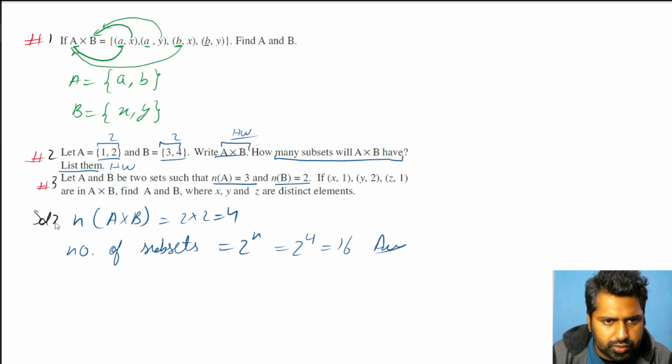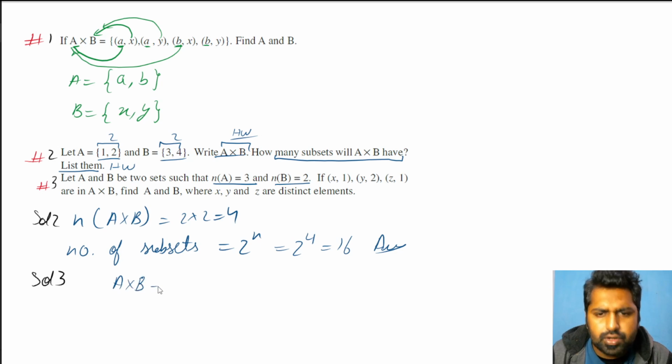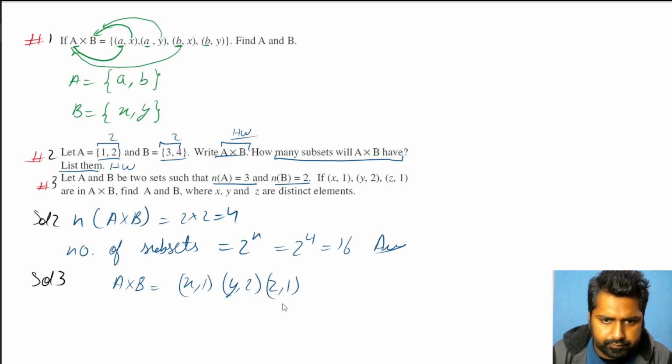That was solution 2. Now I'm doing solution 3. Okay. So A has 3 elements, B has 2 elements. He is saying A cross B. He's not given you A cross B directly, but he's saying a few elements of A cross B are x comma 1, y comma 2 and z comma 1.